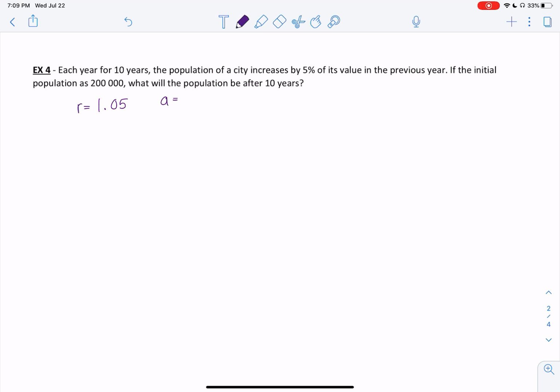And our first value is our initial value, or initial population, of 200,000. So now our general term would be 200,000 times 1.05 to the power of n minus 1. And you can see how this is kind of looking like an exponential now too. So again, you can see how all of our units are intertwined and connected.